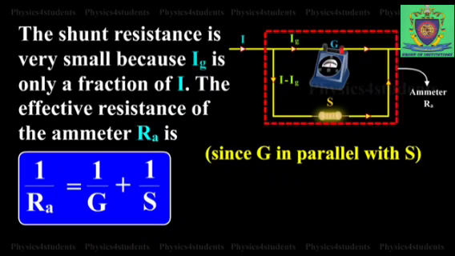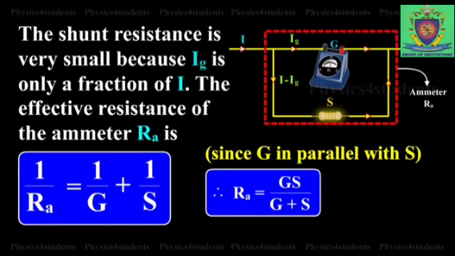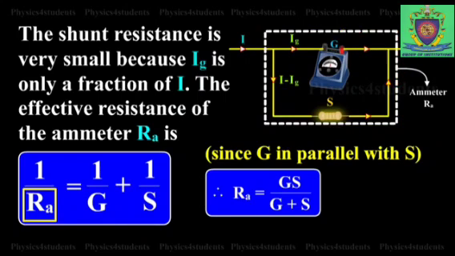So 1 by Ra equals 1 by G plus 1 by S. Since it is connected in parallel, I am using the parallel combination formula. So I can write this as Ra equals GS divided by G plus S. So this is my resistance of the ammeter, that is Ra equals GS divided by G plus S.